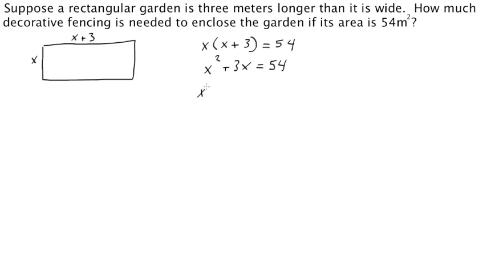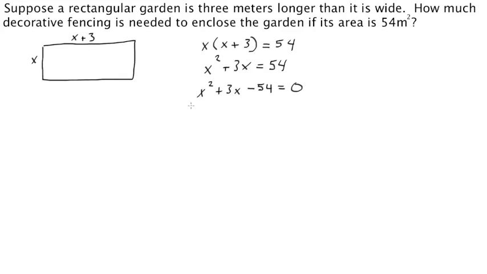So if we move that 54 to the left-hand side, our equation becomes x squared plus 3x minus 54 equals 0. So this is now exactly like one of our drill problems. So we want to find two numbers whose product is 54 and whose difference is 3. Two numbers, product is 54, difference is 3.